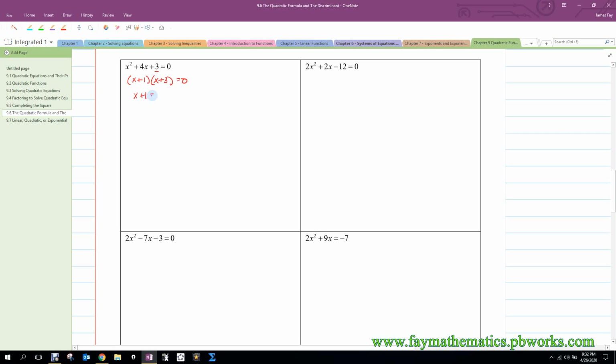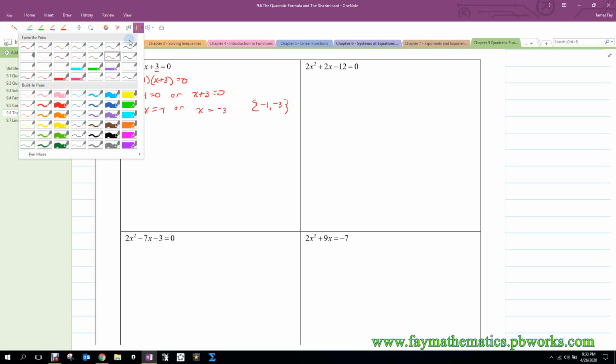So x plus 1 would equal 0, or x plus 3 would equal 0. That's going to give me x to be -1, or x to be -3. So I've got answers using a technique from previous sections.